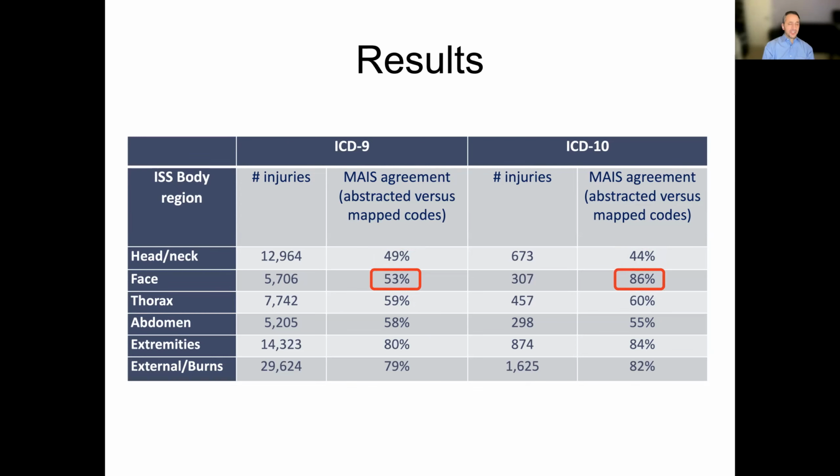In just comparing ICD-9 and ICD-10, just out of curiosity, even though we've shifted to ICD-10 in general, most of them were similar. The biggest discrepancy was in the face, where there was 53% agreement for ICD-9 and 86% agreement with ICD-10.